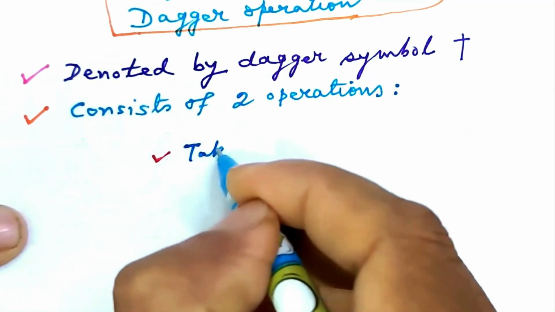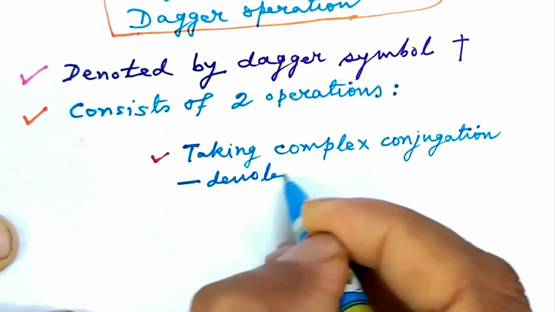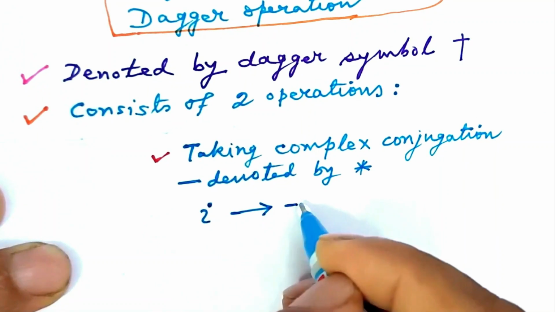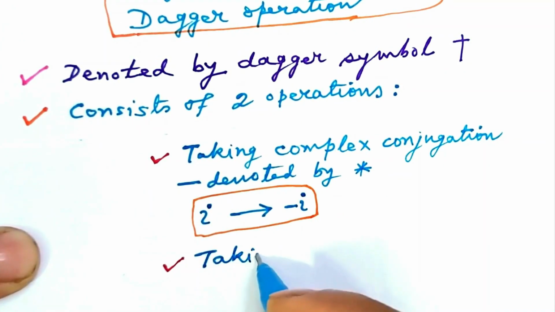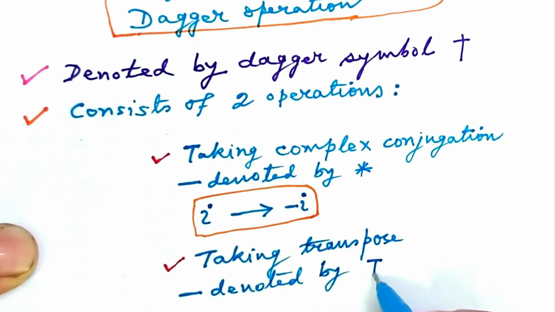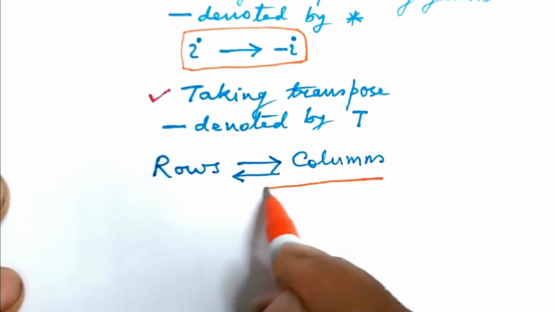They are, number one, taking complex conjugation denoted by star symbol, which involves replacing the imaginary unit I by minus I, and number two, taking transpose denoted by the symbol T, which involves replacing rows by columns and columns by rows.